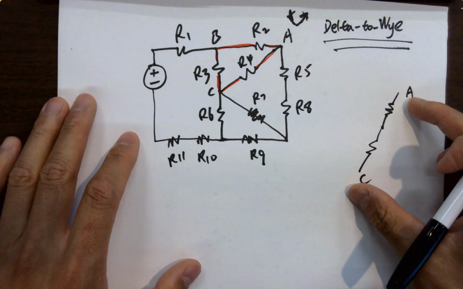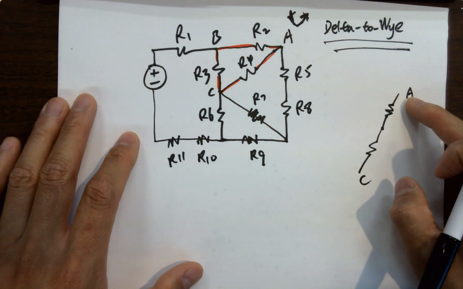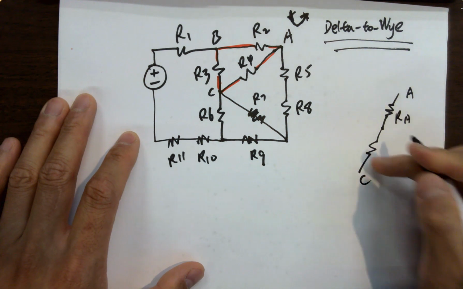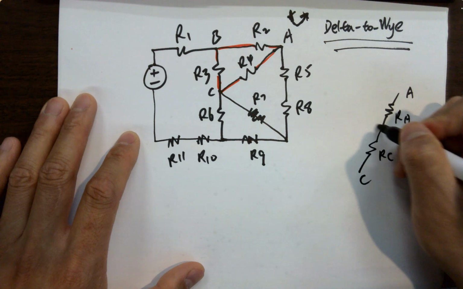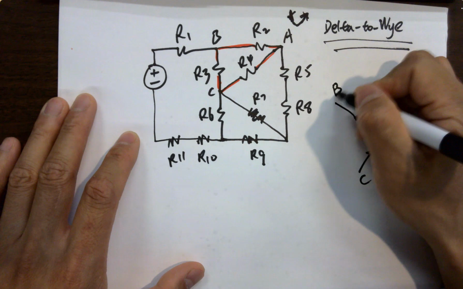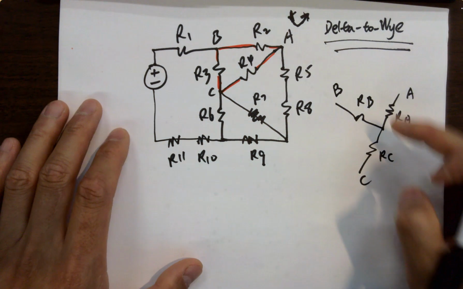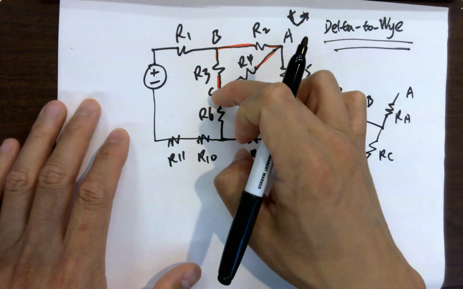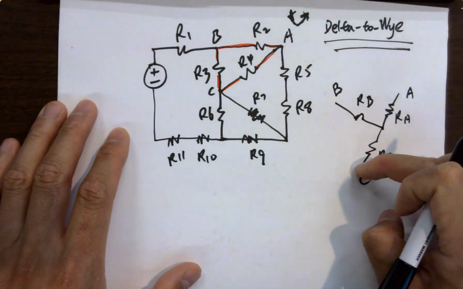And you have to name this resistor. If this resistor is closer to A, you name it RA, and this has to be RC. The other one is RB, the terminal B. A, B, C, counterclockwise.